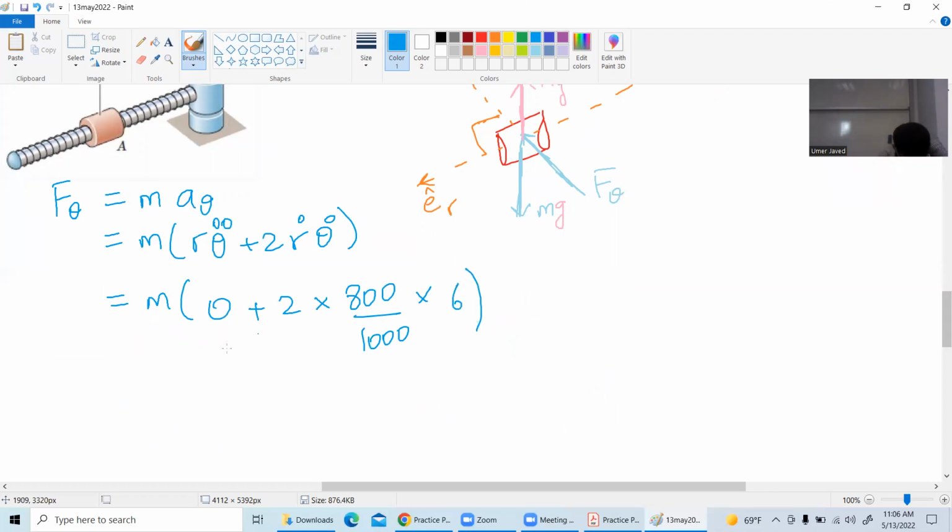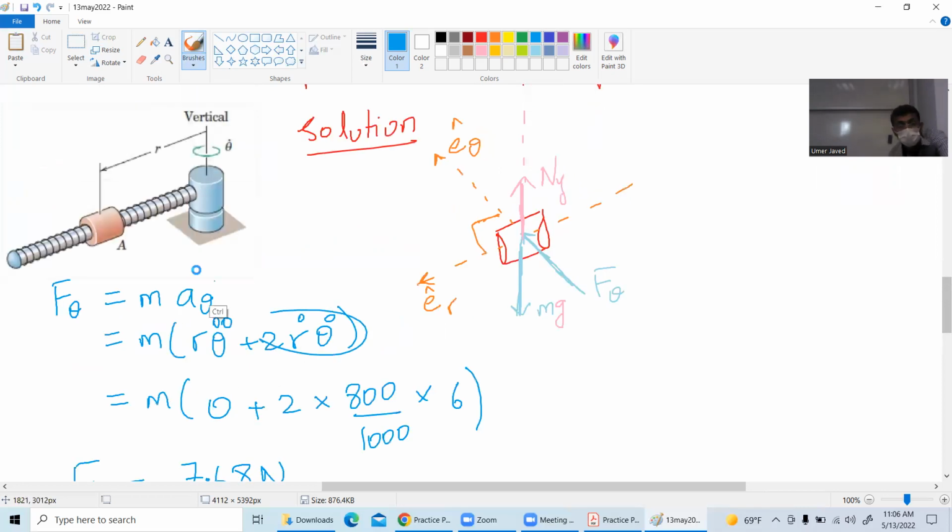So F theta comes out to be 7.68 Newton. My only point is I have called this F theta. Now you have got your F theta.